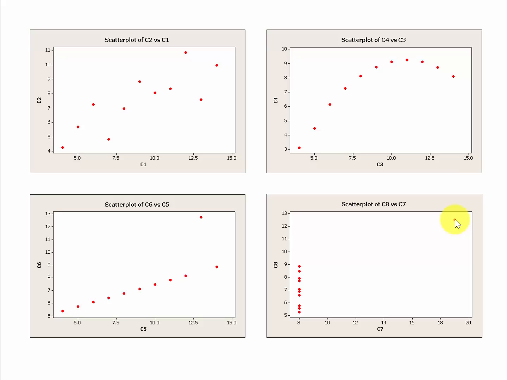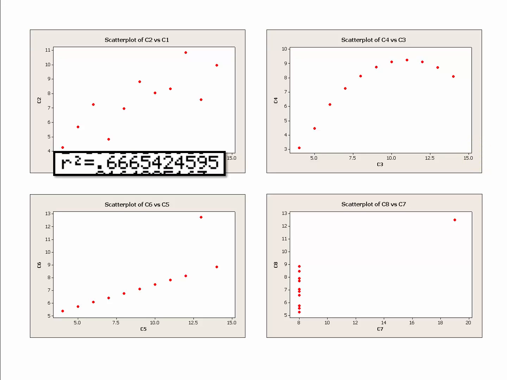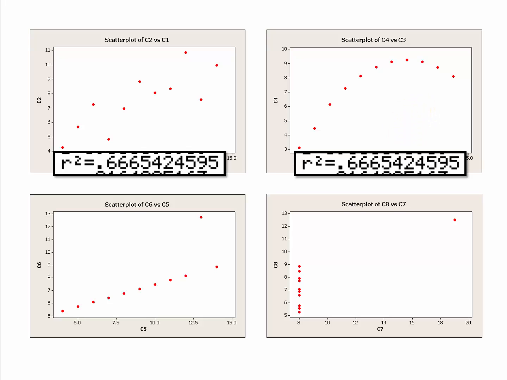and another outlier. It turns out that if we computed the r-square for the first scatter plot using the linear regression, we would get r-square of about 0.67, about 67%. If we did it for this data set, we would get exactly the same value.